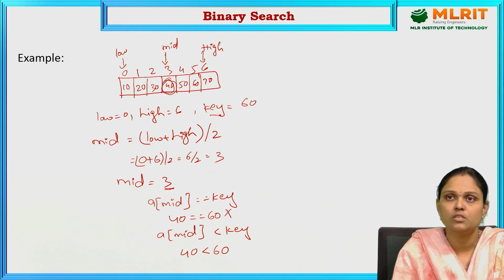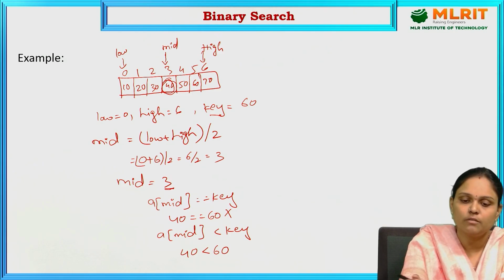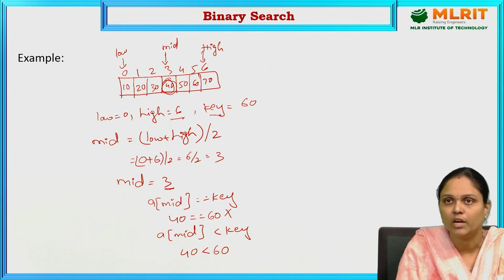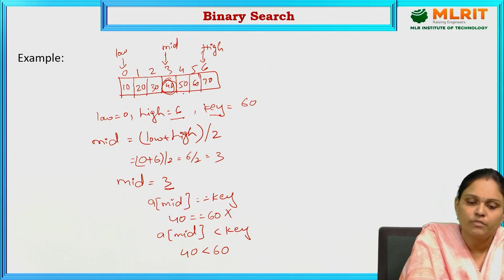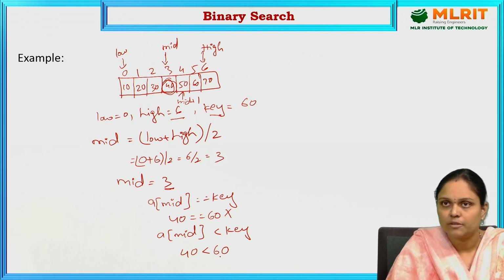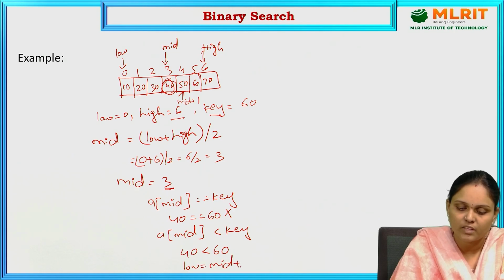We need to search for the element in the next half, which is the right half. For that we have the high value, which is 6, but we need to move the low value, which is mid plus 1. So since 40 is less than 60, we are moving the low value to mid plus 1.